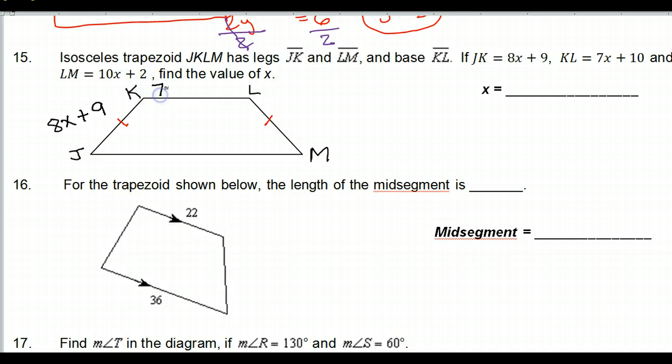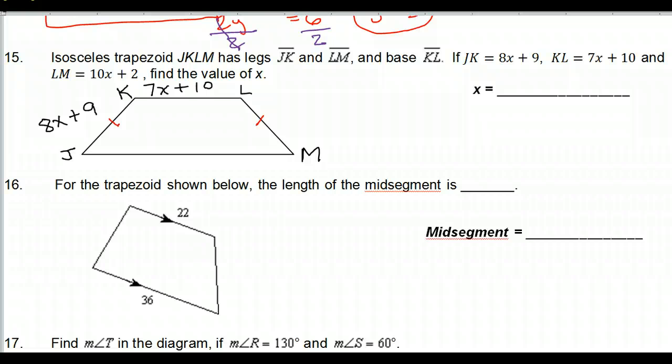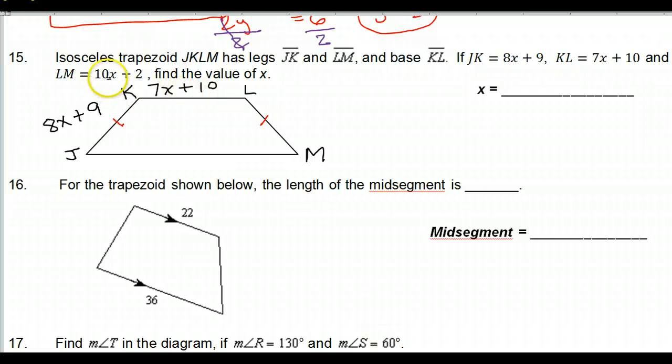So this is 7x plus 10. That's a KL. LM is 10x plus 2. So this LM is 10x plus 2. And we're supposed to find x.